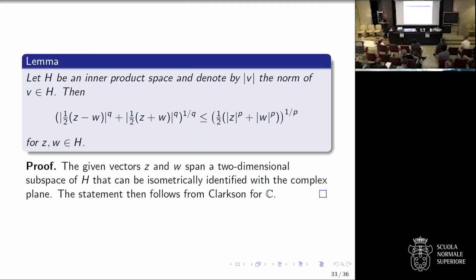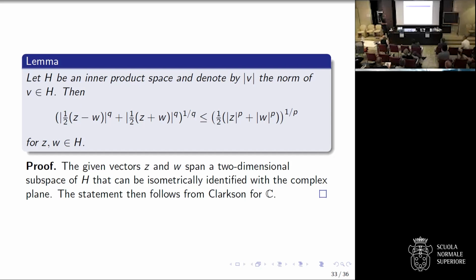Once you have the inequality, you go through a couple more steps. Once you have the inequality for complex numbers, then you immediately get it for any vectors in an inner product space. Because if you take z and w in any inner product space and look at the span of these two vectors, then all these vectors that you see are contained in the span.